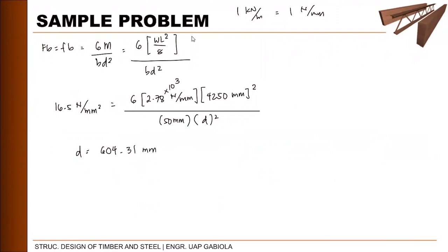Okay? So, be very careful with that. So, times 1,000, ayan, and then square root of the answer. So, 6 times 2.78 times 1,000 times 4,250 squared all over 16.5 times, nawala yung 8, no? That may 8. 8 times 50. So, we have some value. Then, square root natin that value. What will be the value?